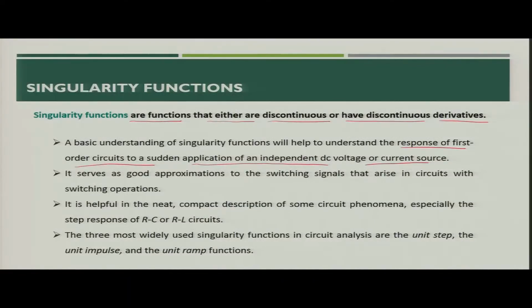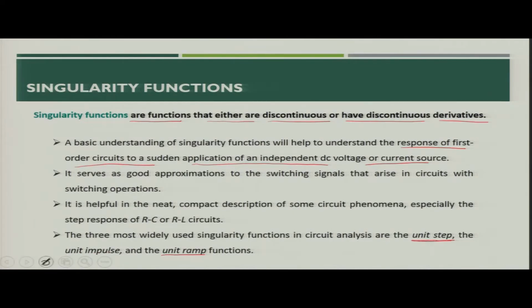So, the singularity functions which we use in circuit theory are nothing but functions like the unit impulse, unit step and unit ramp. When you suddenly apply the voltage source to the circuit, it means that you are adding a unit step to the circuit.